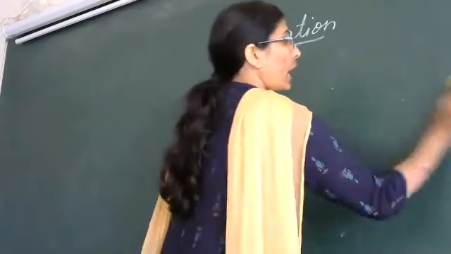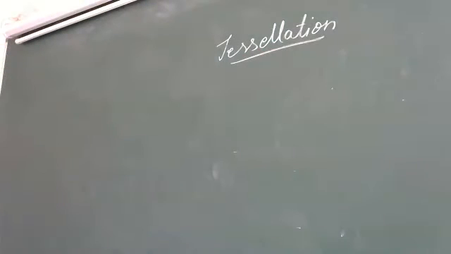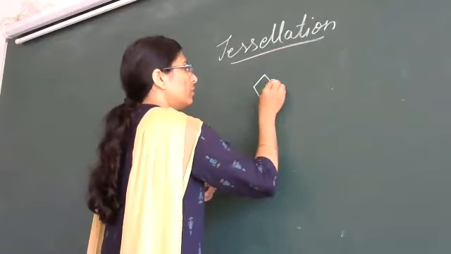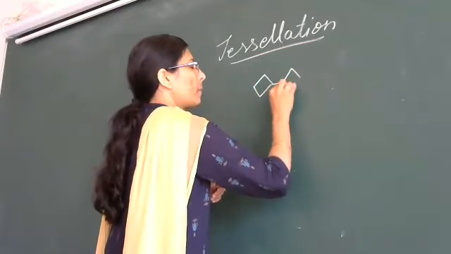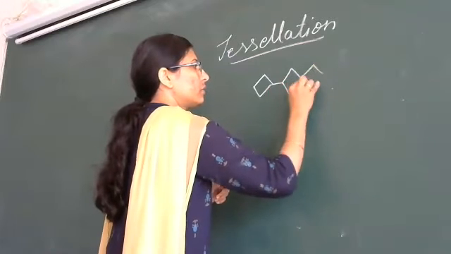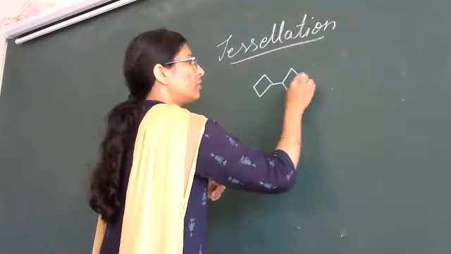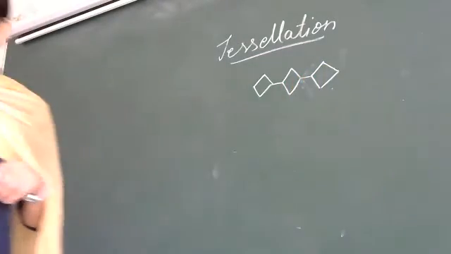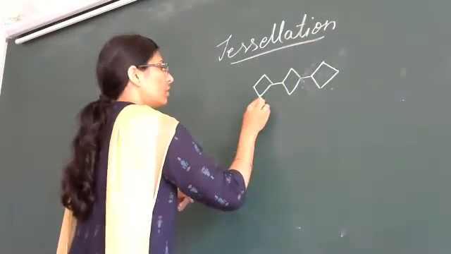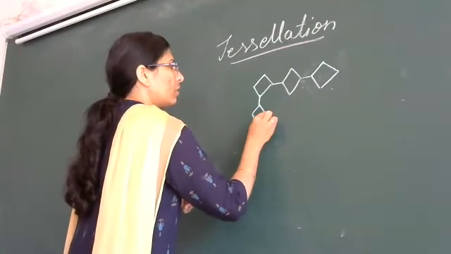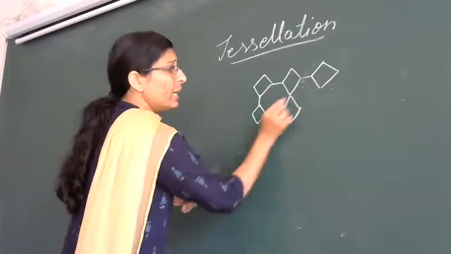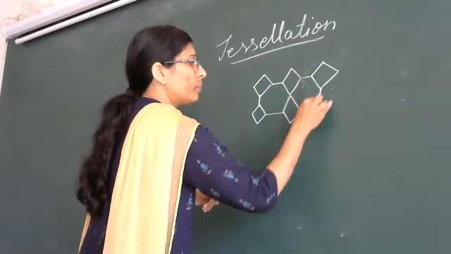Okay. Now in the textbook, one more figure they have given. See this figure, you are telling about this figure. But you can see in the middle it is making one shape.